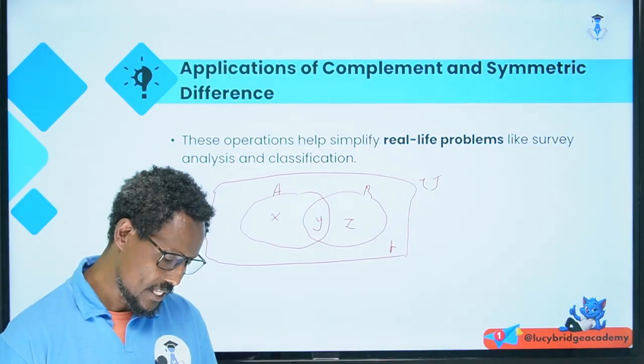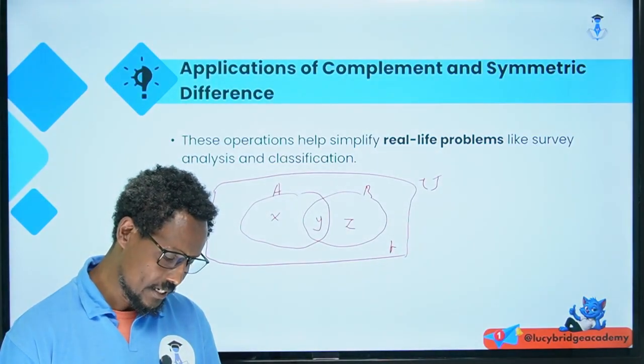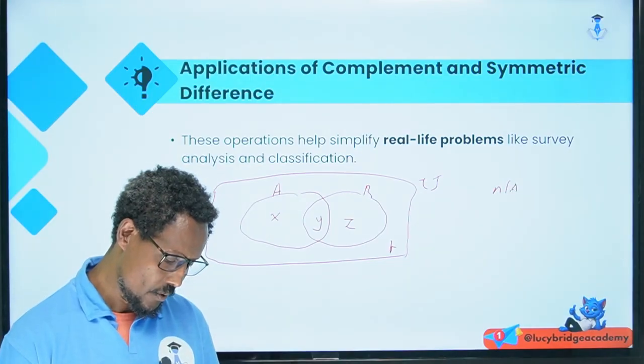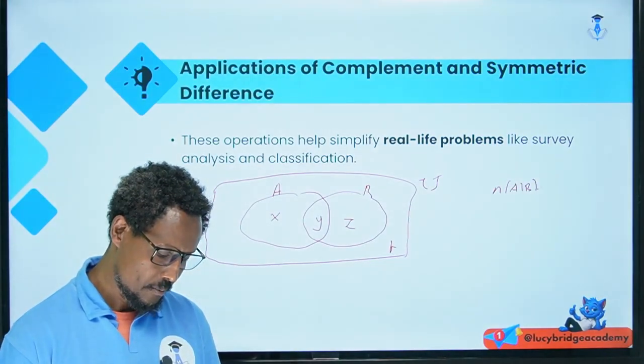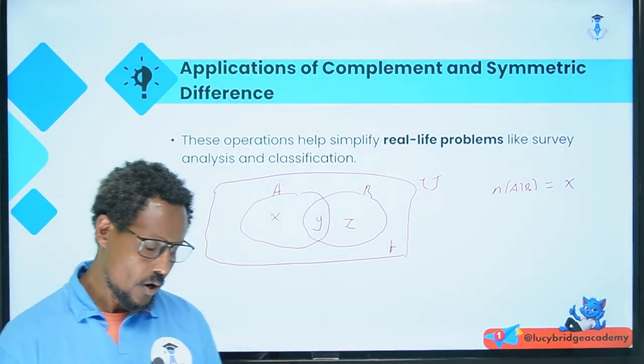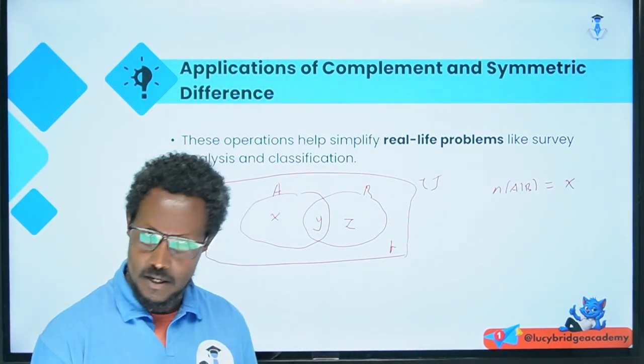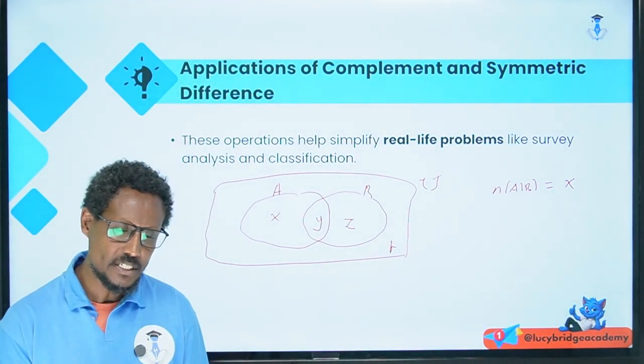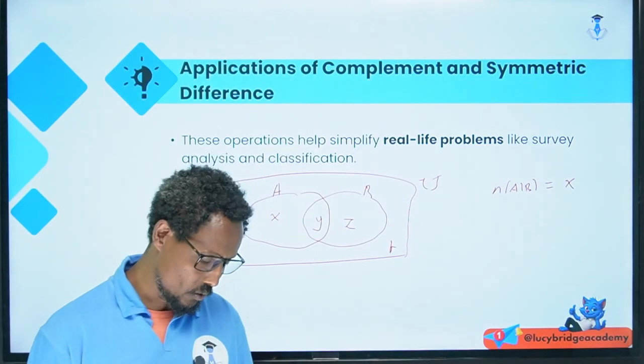Assume that the number of A without B is represented by x. That means elements only in A are represented by x. X is the number of elements only in A, or A without B.